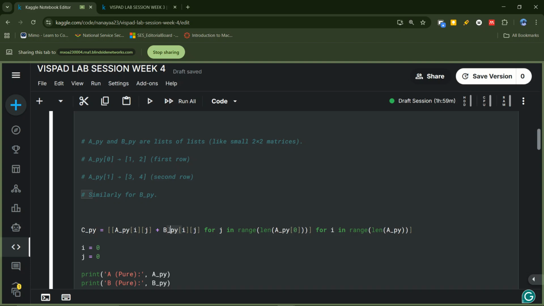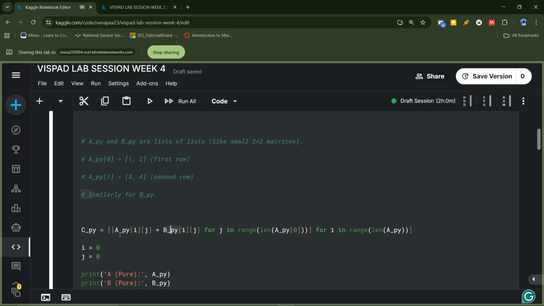Because it's element-wise addition, it tries to add each element. So if you take element A at a position where the row is 0 and the column is also 0, what number is there?